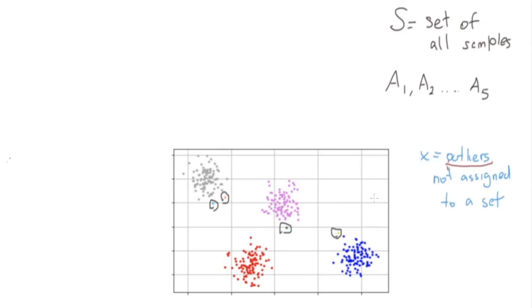So this is the same distribution of data, but the assignment of the data to sets is different. What we see now is that we don't have any outliers. We didn't assign any of the samples as outliers. Every sample got assigned to some set, even these samples which got assigned to sets on their own.